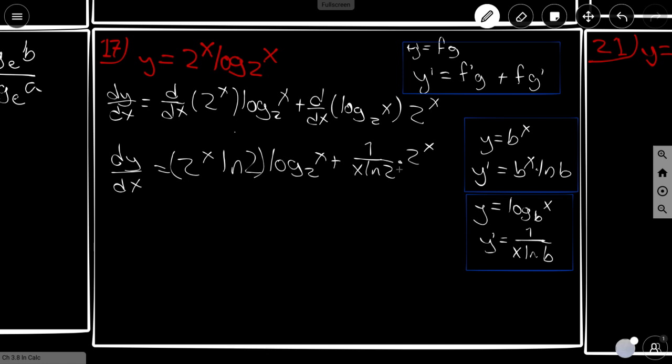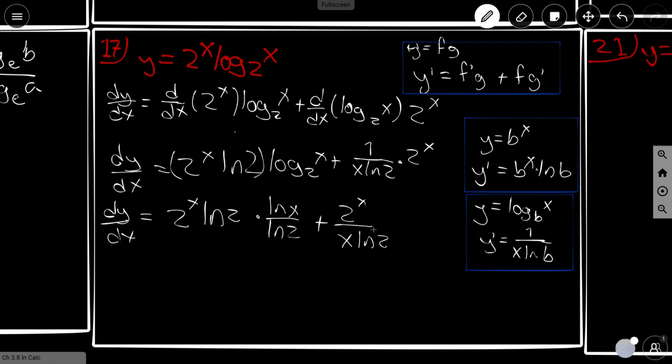Okay, moving on. Let's go ahead and simplify a bit. I'm just rewriting this log 2 of x here as ln x over ln 2, plus 2 to the x over x ln 2.